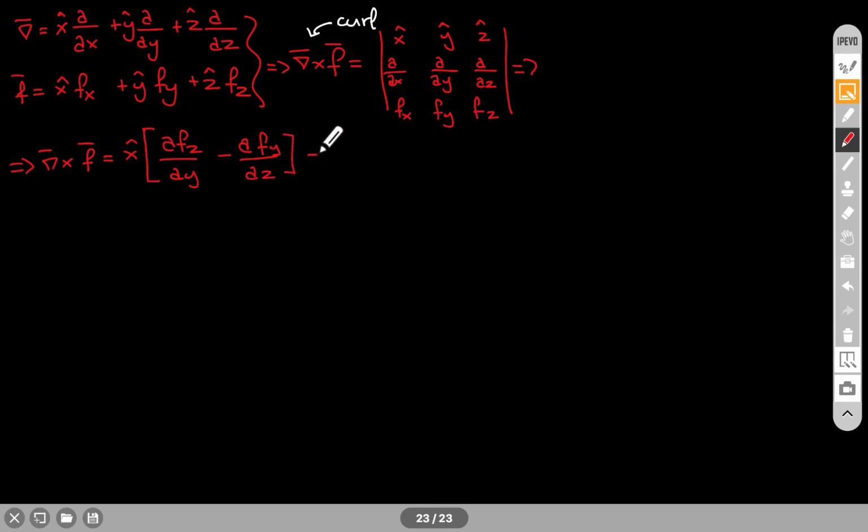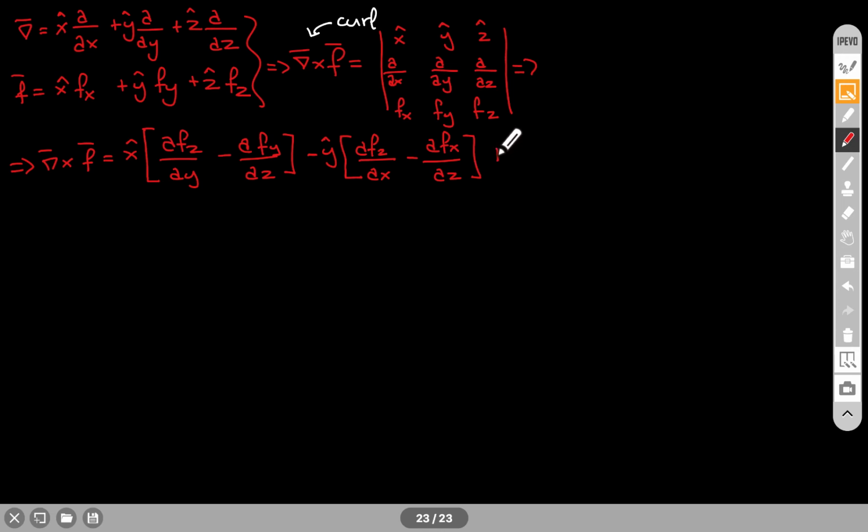followed by minus y hat. So I'm crossing out this column and this row, and that gives me the partial of f sub z with respect to x minus the partial of f sub x with respect to z.